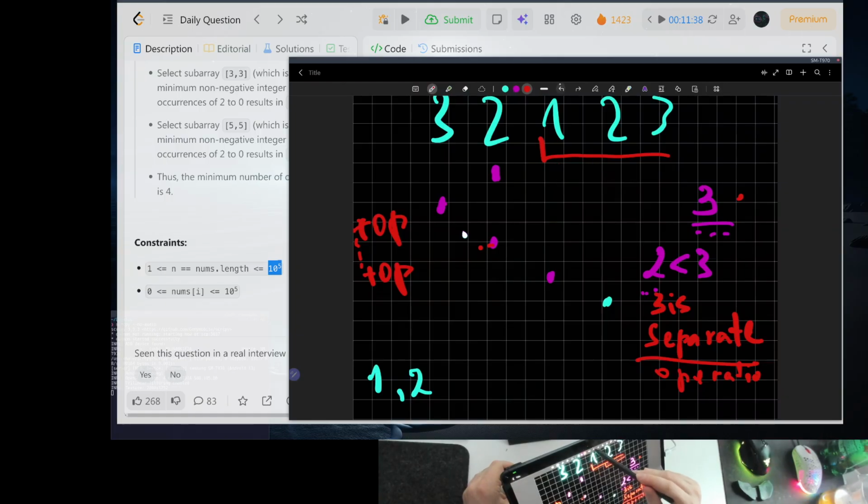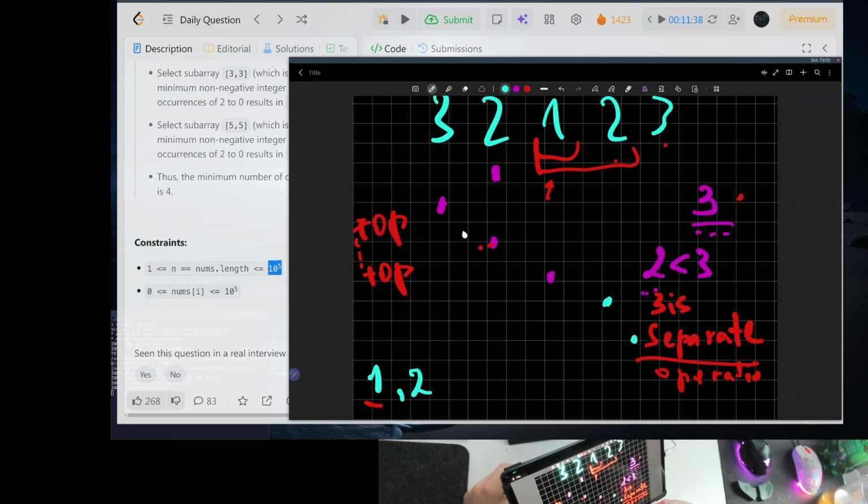So if we have this subarray or this subarray, we still have to pick the number 1 as the minimum. So we keep it, and we keep the number 2 until we visit the number 3.